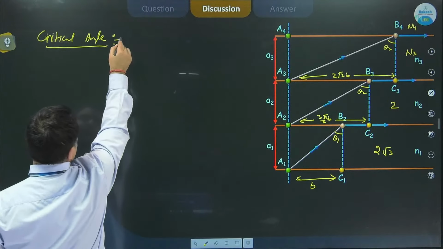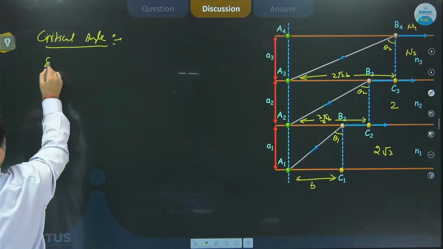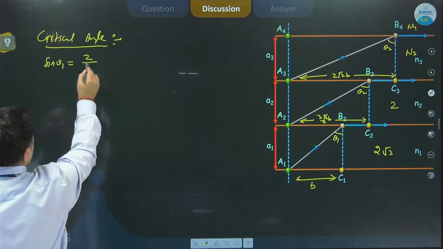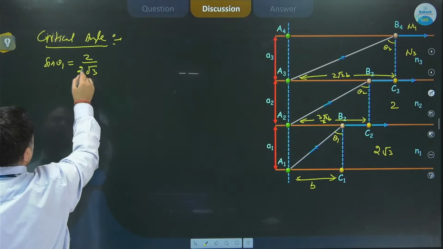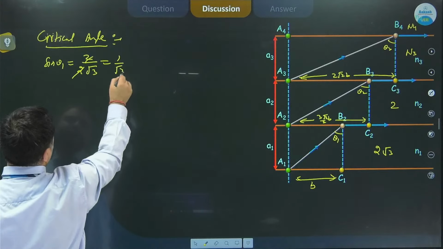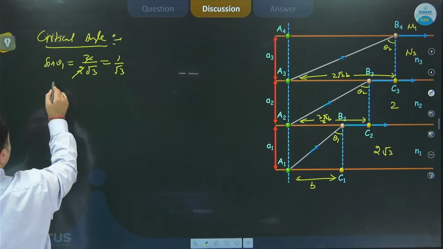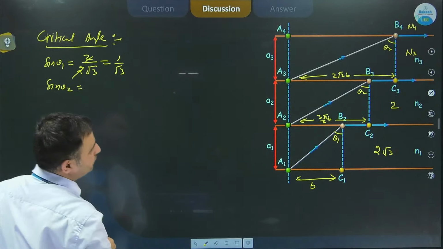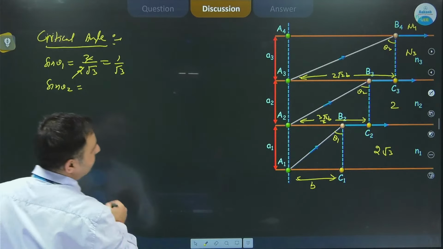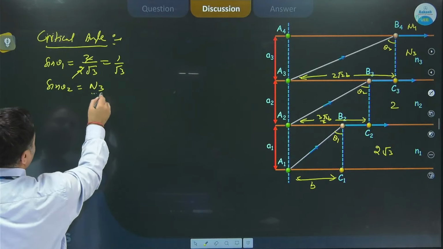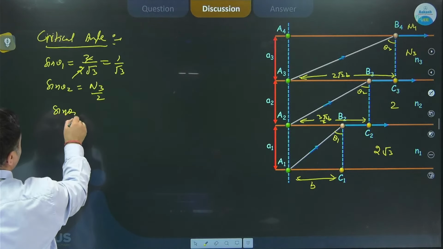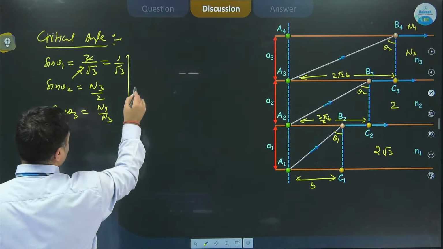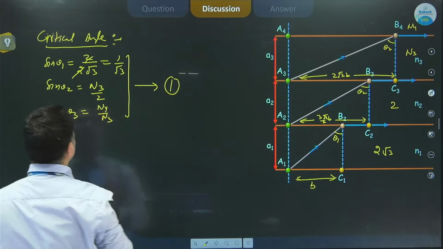For critical angle, sin theta 1 will be 2 by 2 root 3, so it comes out to be 1 by root 3. Similarly, sin theta 2 is equal to n3 by 2, and sin theta 3 is n4 by n3. So these are equation number 1.